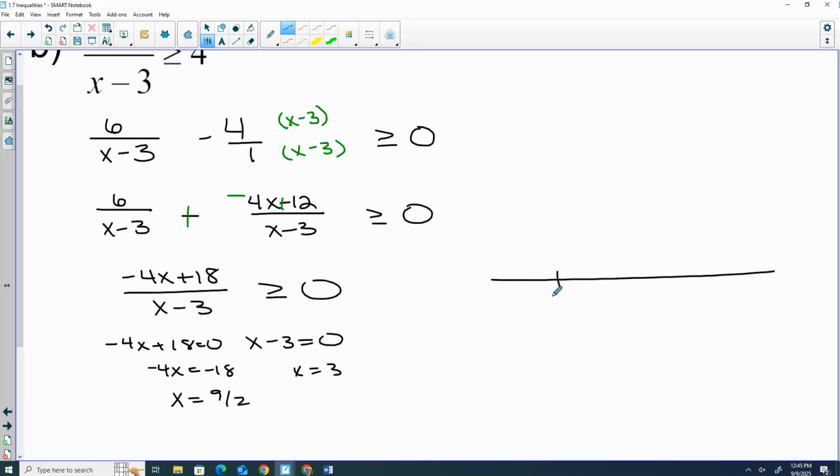Right, 9 halves, that's like 4.5, so 3 has to come first. So smaller than 3, maybe a 0. Between 3 and 4.5, so maybe a 4. Bigger, maybe 5. Do we have a question to this point?